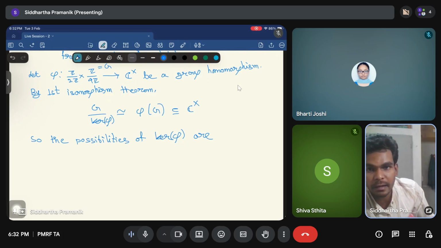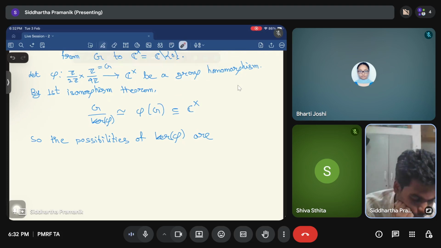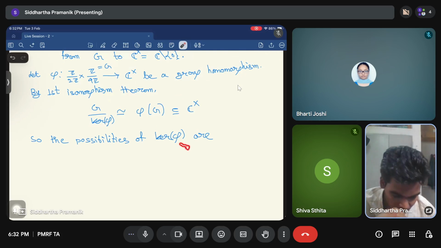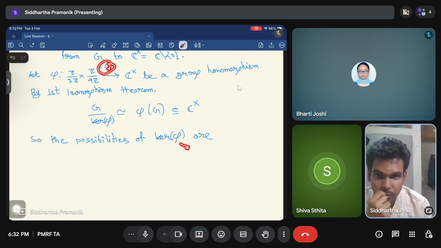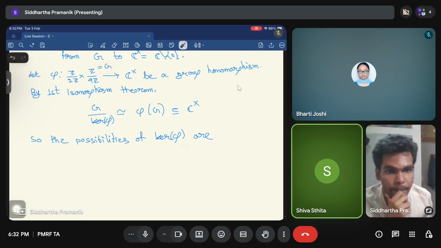Yes, any answer? So first of all, kernel has to be a normal subgroup, right? But G is abelian, so every subgroup is normal. So we need some more restriction. How to? 18Z? Sorry.